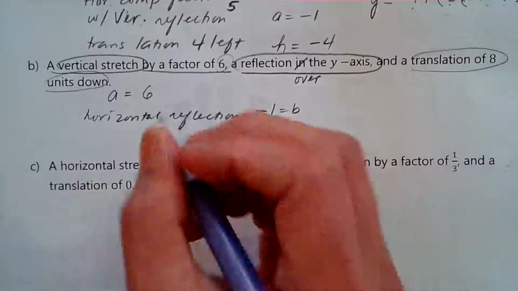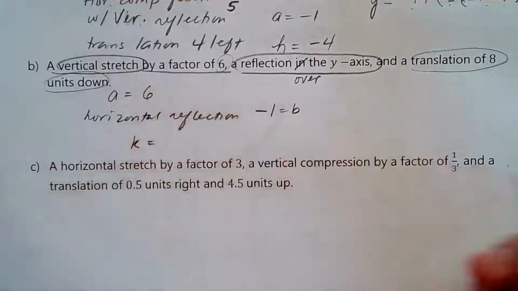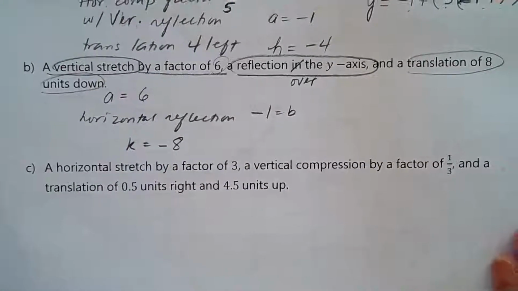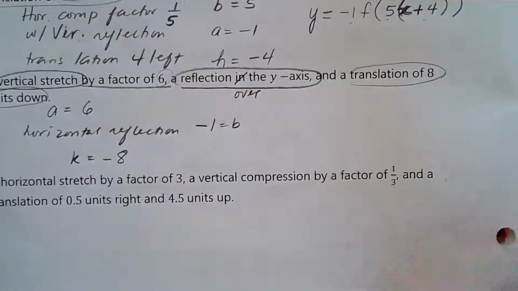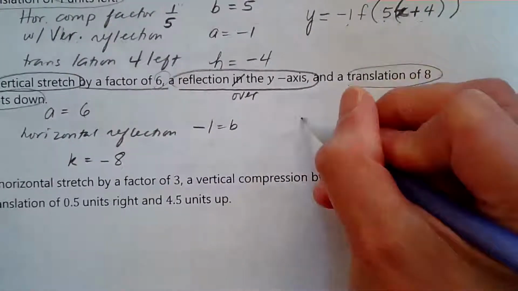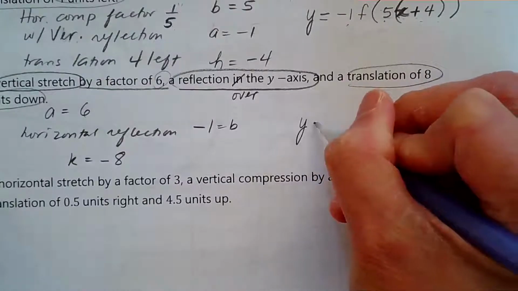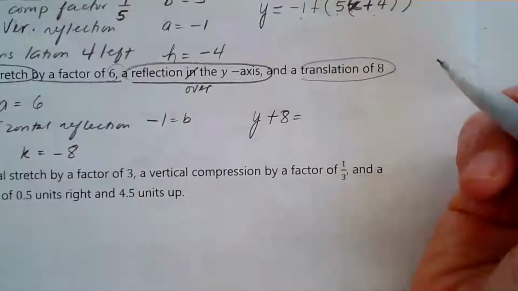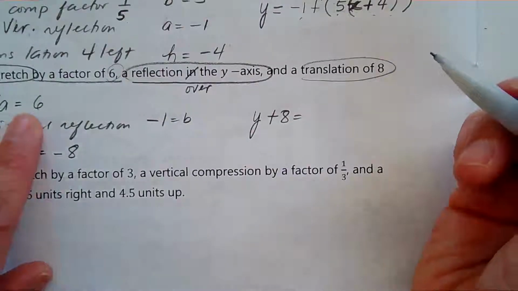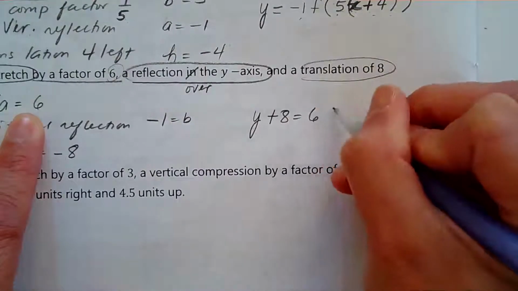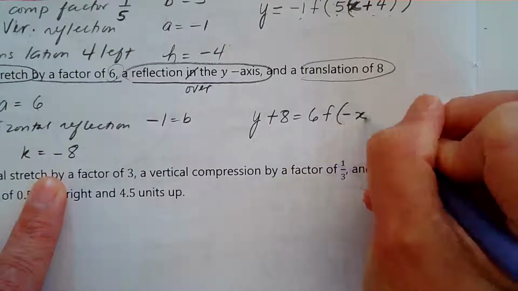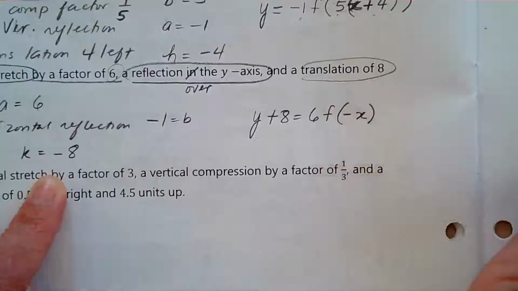So that means the k is -8. So let's put it together. y minus -8, so y plus 8. Okay, A is 6. f of -x. That's it.